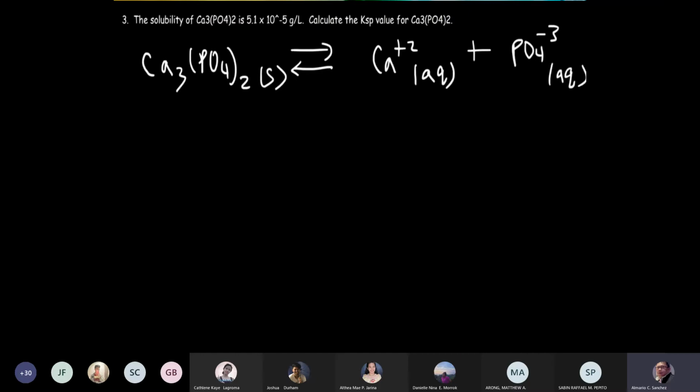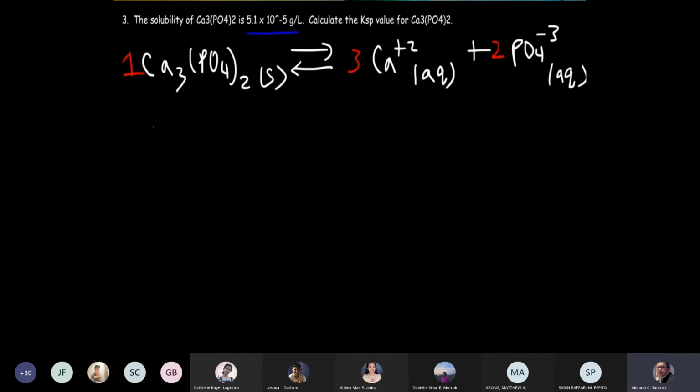Now we need to balance the reaction. So notice that we have a subscript of 3 for calcium, and a subscript for phosphate is a 2. So now it's balanced.